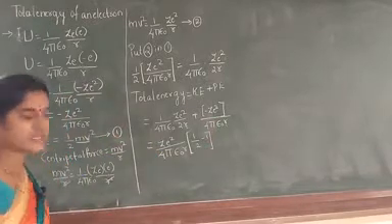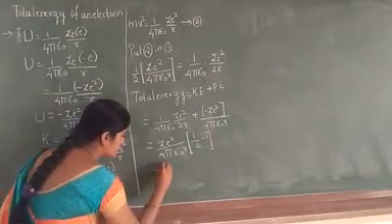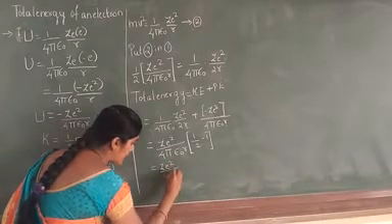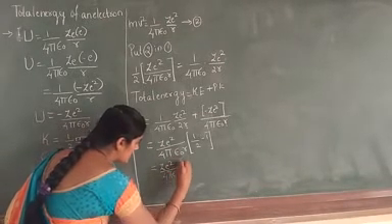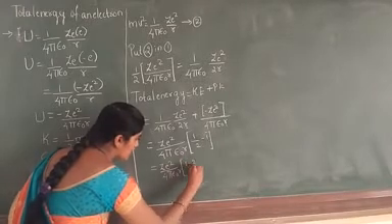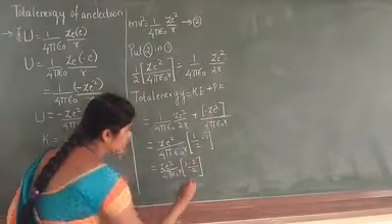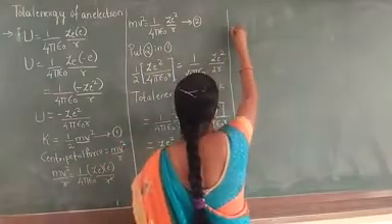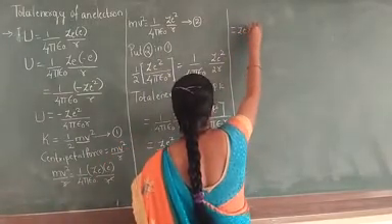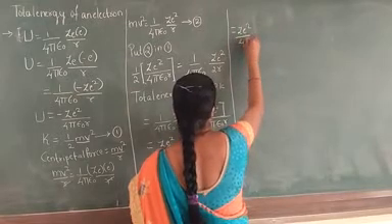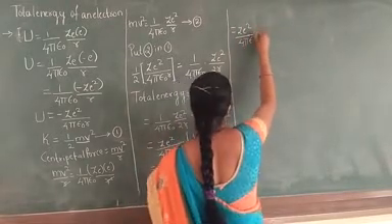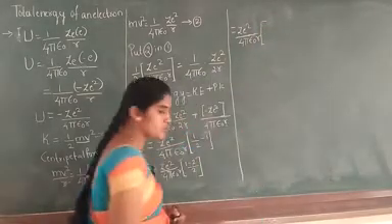This can also be written as Ze square divided by 4 pi epsilon naught r into 1 minus 2 by 2.